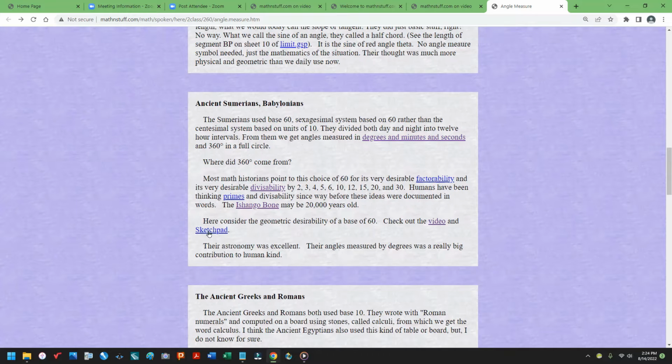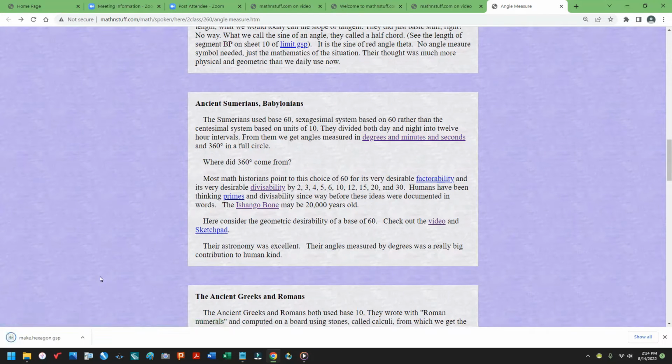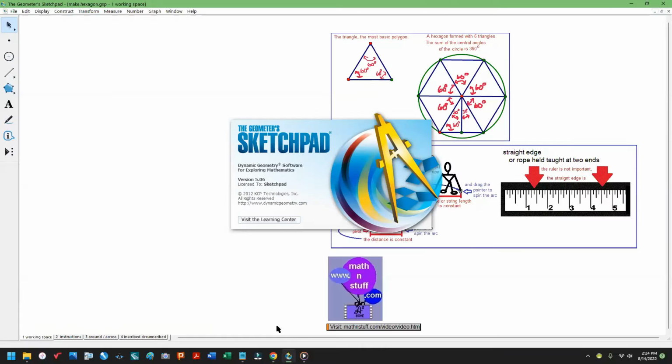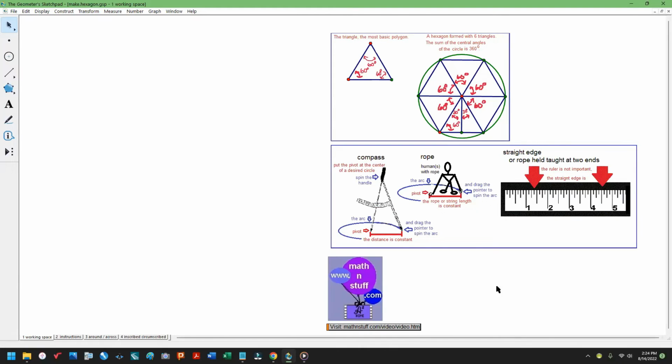I'm going to link to a Sketchpad here. And I think this one's listed, but I'm opening it anyway. We want to look at where a hexagon comes from. One might use a compass if it's a small circle, a small hexagon you want to do, or if you're building something big, you might want to use a rope.